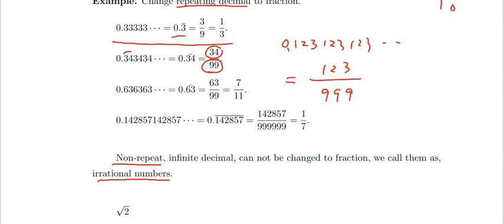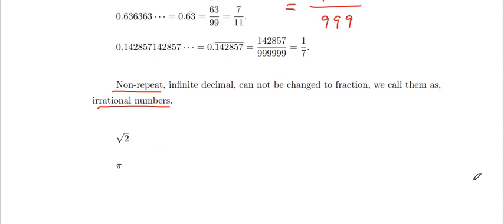Typical examples of irrational numbers are radical 2 and pi. If we change radical 2 to a decimal number, it does not repeat. I think this equals something like 1.4, and it does not repeat.